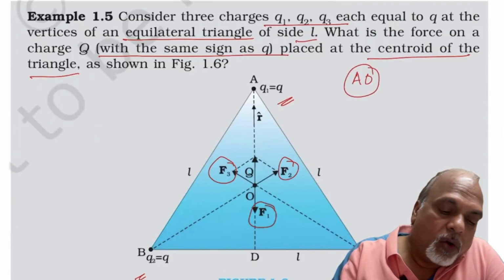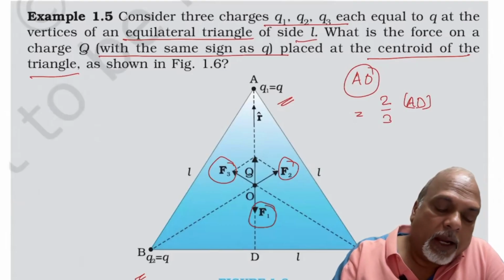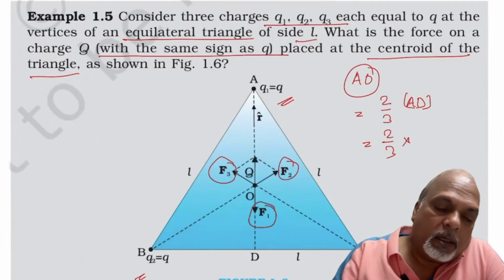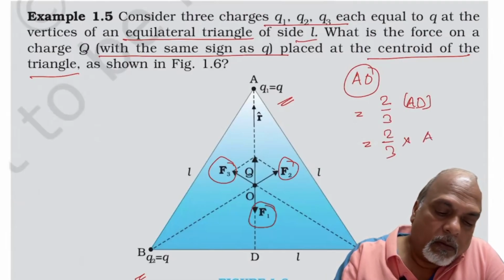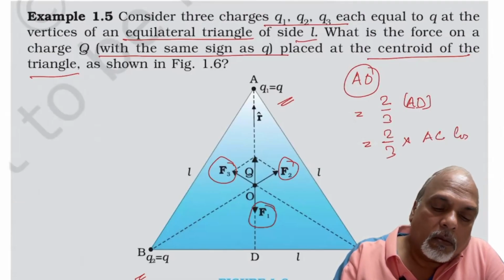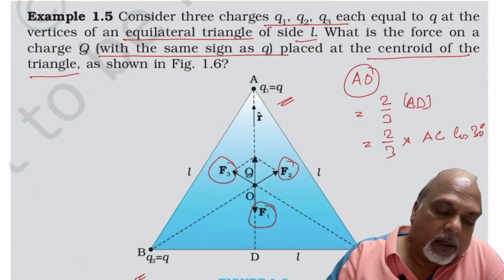And what is AO? AO is nothing but 2 by 3 of AD. And what is AD? AD is nothing but AC cos 30 degree. Correct?